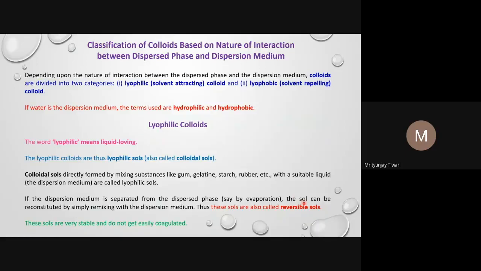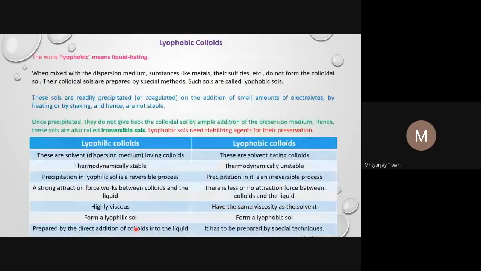The dispersion medium can be dried or evaporated, and then after the evaporation you add the dispersion medium and you can get back the colloidal sol or colloids. This is called reversible sol or reversible colloids. And these sols are very stable and do not get easily coagulated.